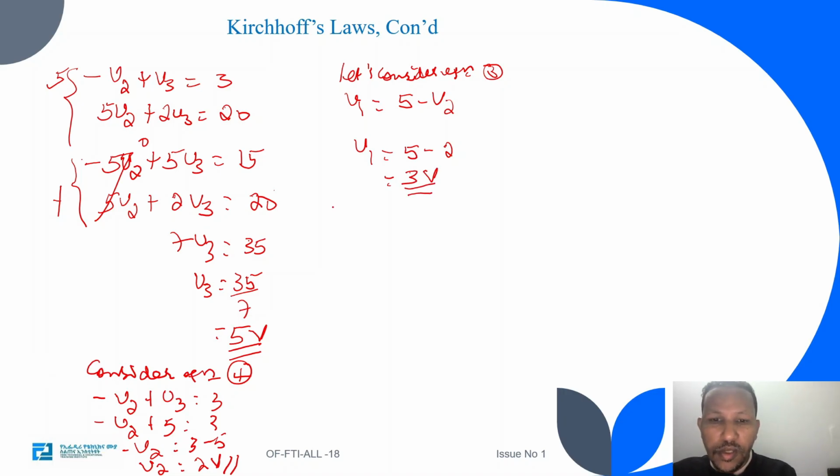So from this I can write V1 equal to 3 volt, V2 equal to 2 volt, and V3 equal to 5 volt.